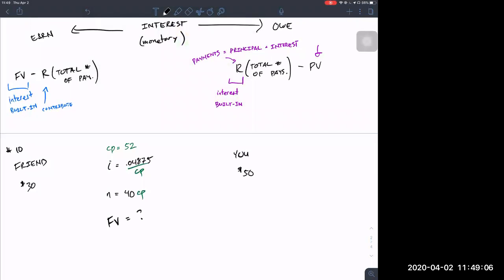Okay, so there's that. Now, two ways to do this. What's the recurring payment? Well, you can do this twice with 30 or 50 and then add them up together, or you could just start right here and add it right from the get-go, and then just fill out your formula and calculate on your calculator.